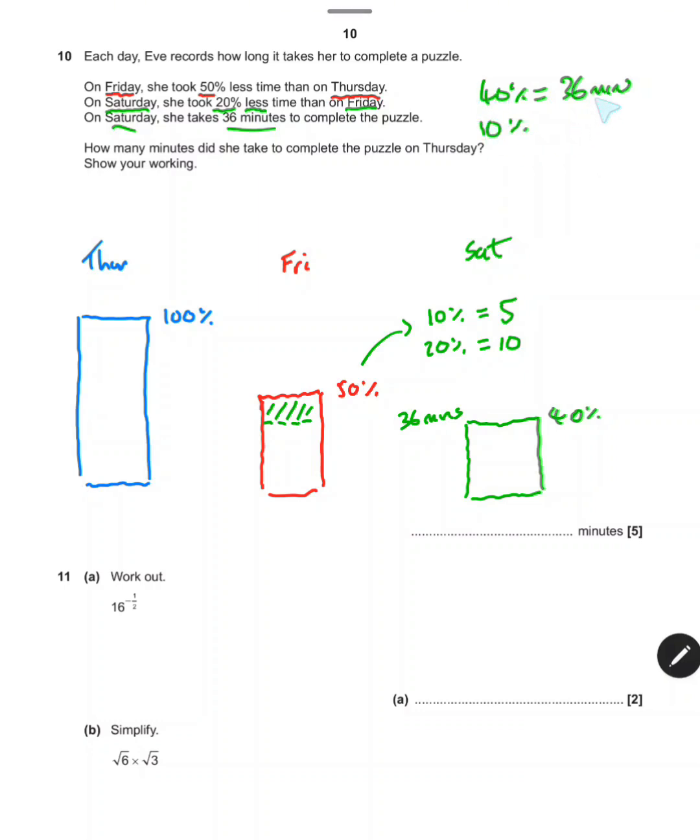Just divide by 4. And 36 divided by 4 is 9. And when we've got 10%, we can go back to 100%, which is Thursday's time, times 10. You've got 90 minutes. So Thursday's 100% time is 90 minutes.